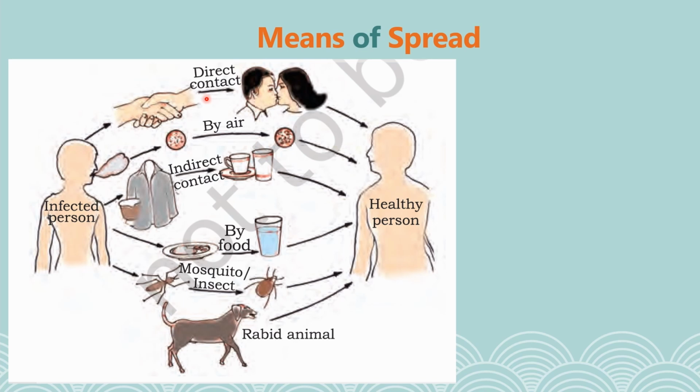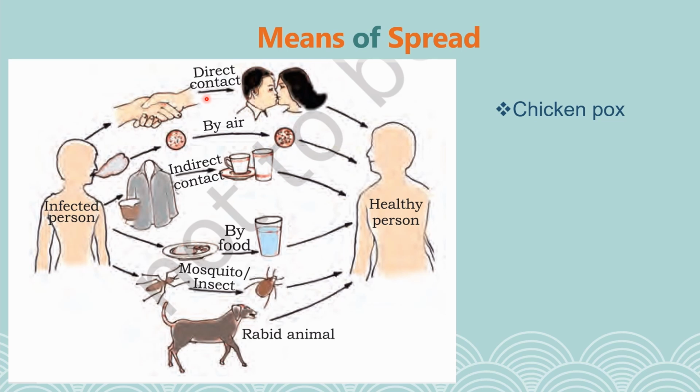Through this direct contact, chickenpox can be spread. So chickenpox is an example of a disease which can be spread through direct contact. So it is better to avoid direct contact with a person who is affected by chickenpox or a similar disease.